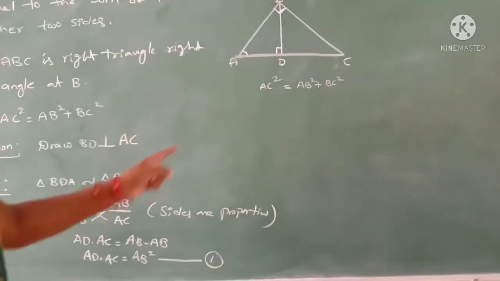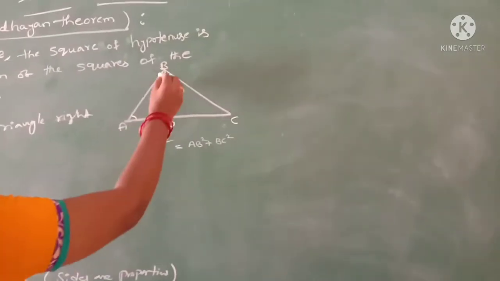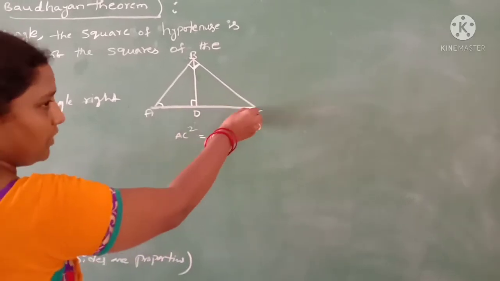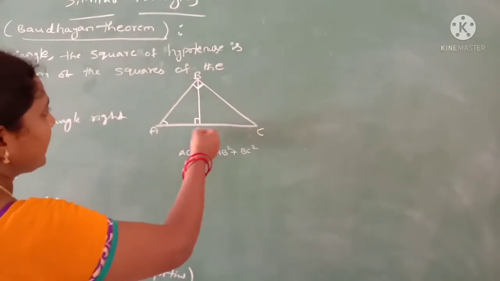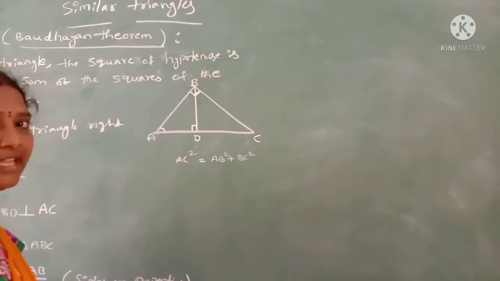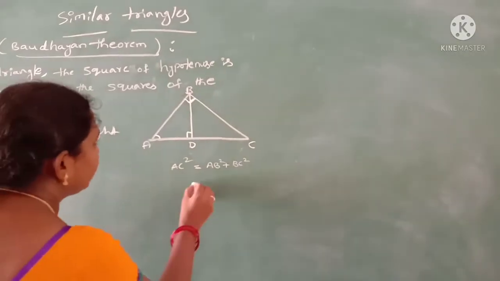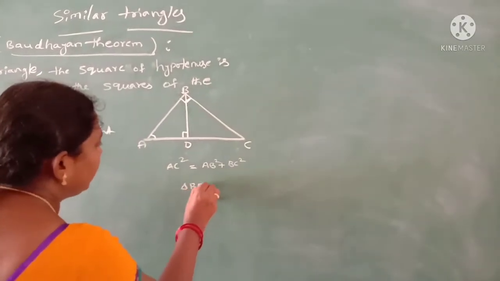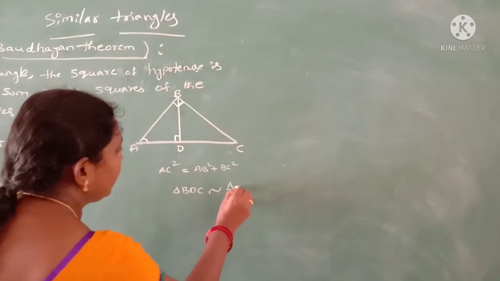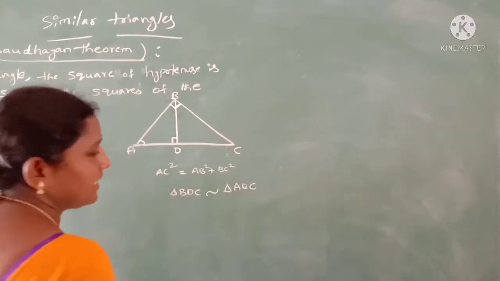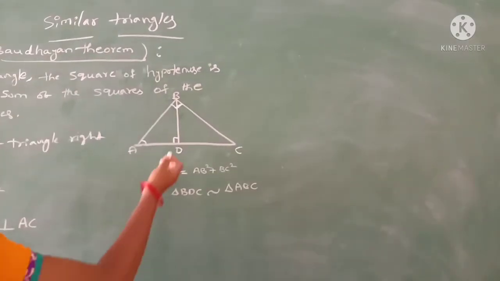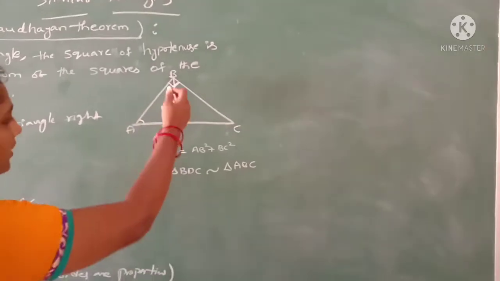Next, we take the other two right angle triangles. BDC is one right triangle and ABC is another right triangle. So triangle BDC is similar to triangle ABC. The triangles are similar, so their sides are proportional.